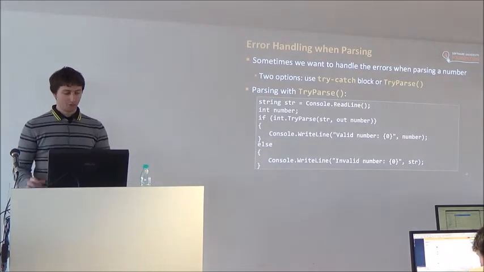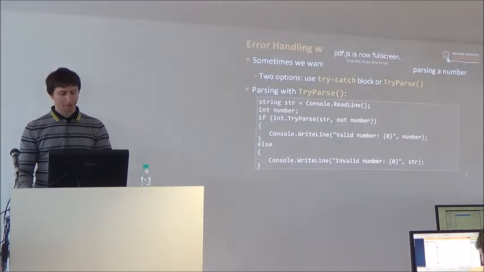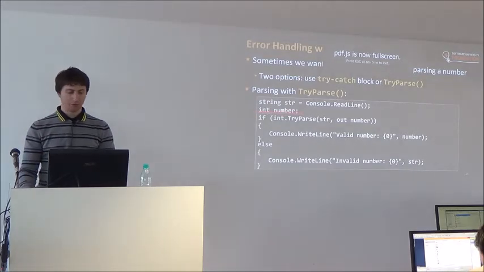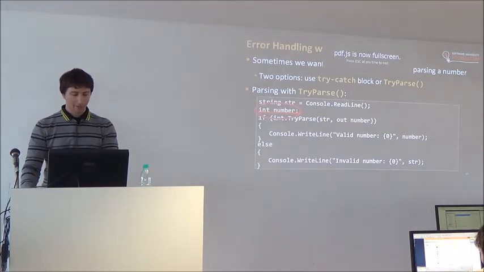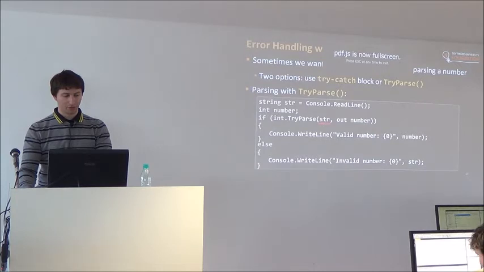So you need to have a variable that will store the parse. You need to declare it first. You should say int number, for example. Then you do int.TryParse of the string that you just took from the console.